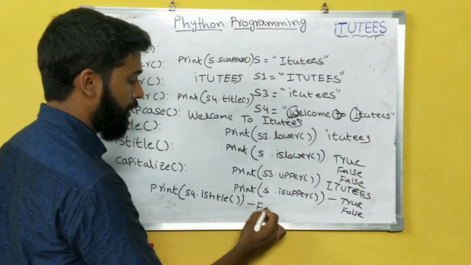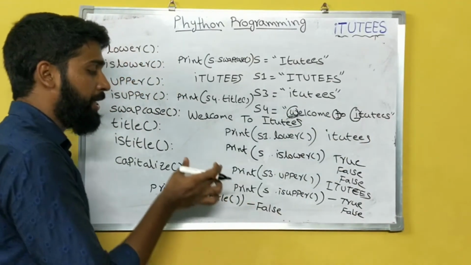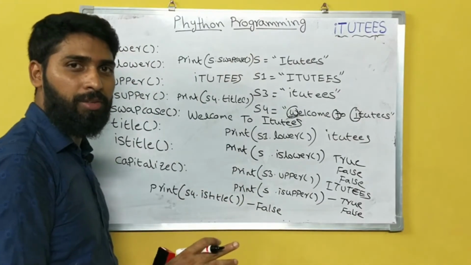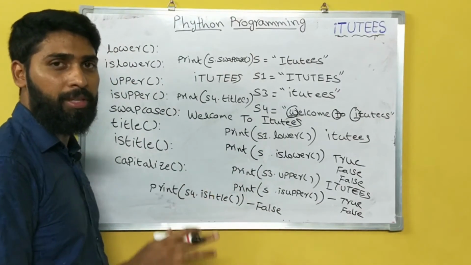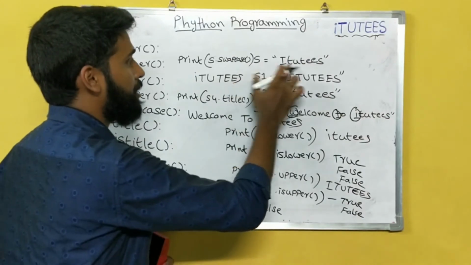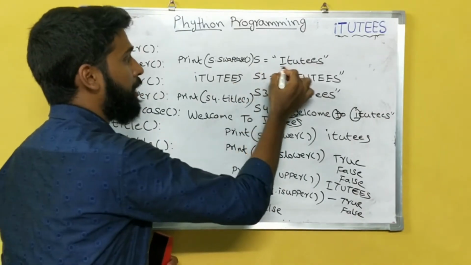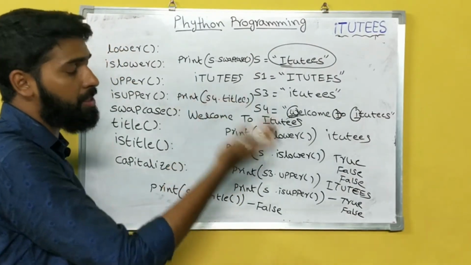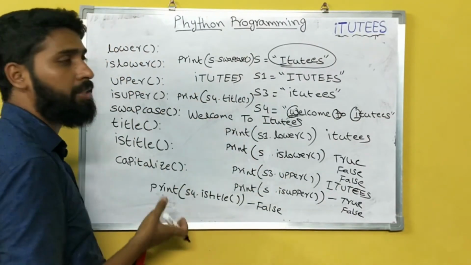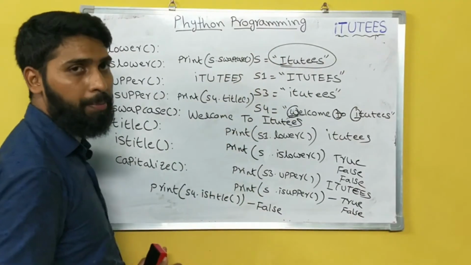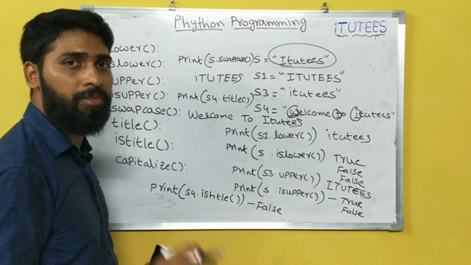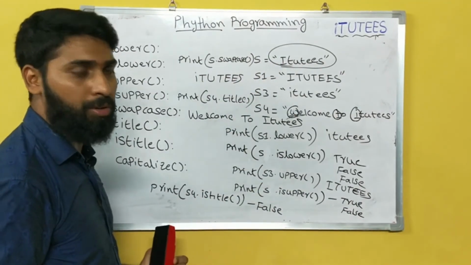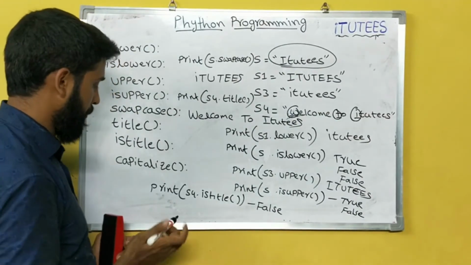So it returns false. Actually, the strings are not changed. Why? Strings are immutable. That cannot be changed. Once I assign s equals to ITUTEES, I cannot alter the string. Okay. Just we are representing differently. So by using these functions, we can represent small into capital, but the actual content is not changed. Why? The string is immutable.